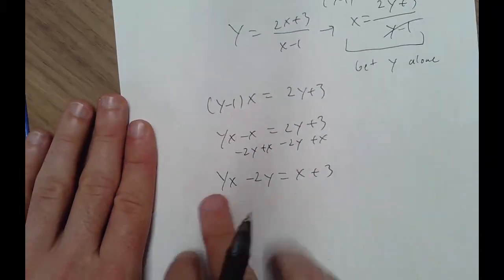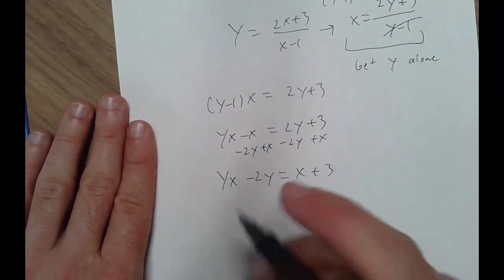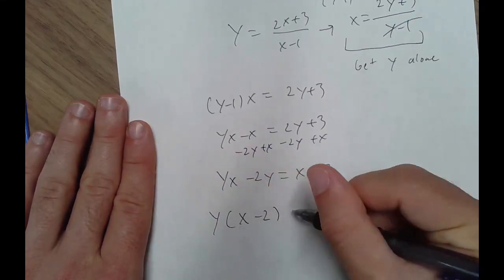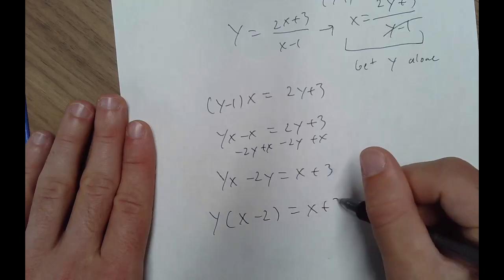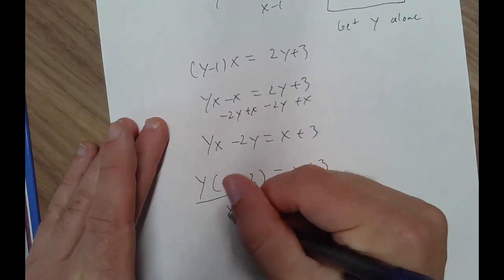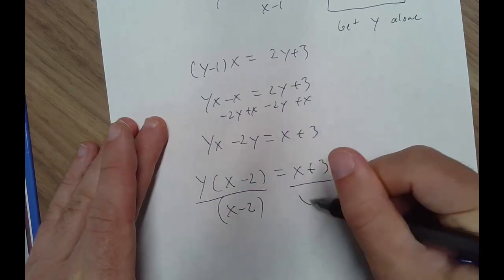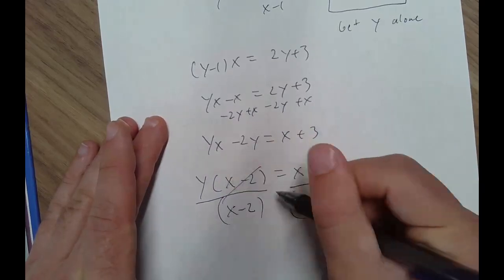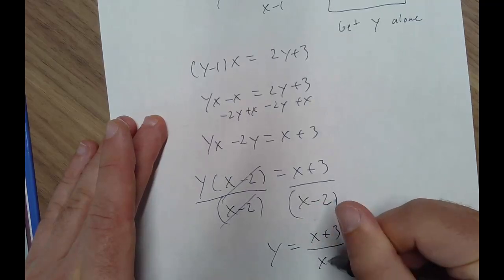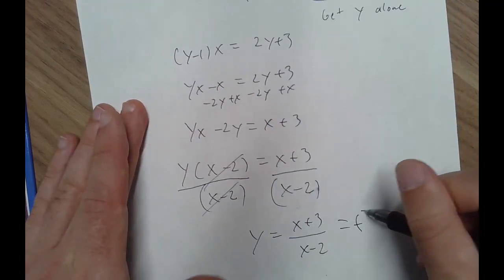Now I've got my y terms on one side, everything else on the other. We're then going to factor out the y. y times x minus 2 equals x plus 3. And then my last step, to get that y alone, just divide by x minus 2 on both sides. This cancels, so y equals x plus 3 over x minus 2, and that is your inverse.